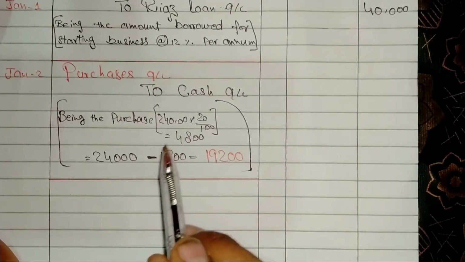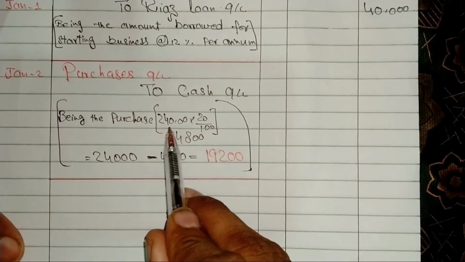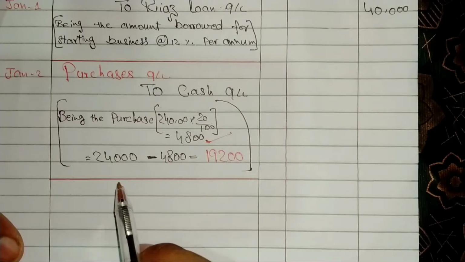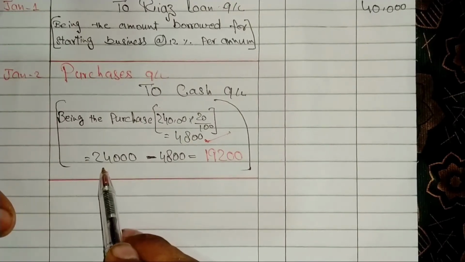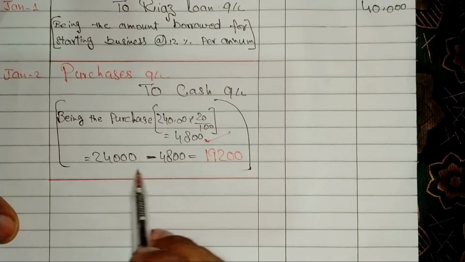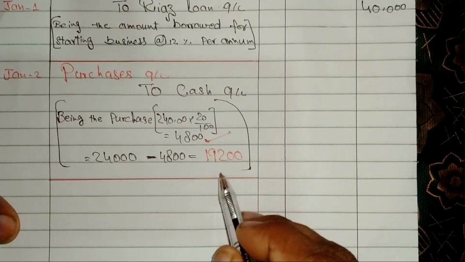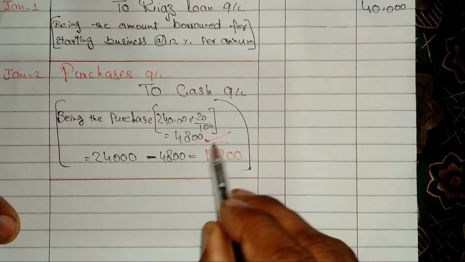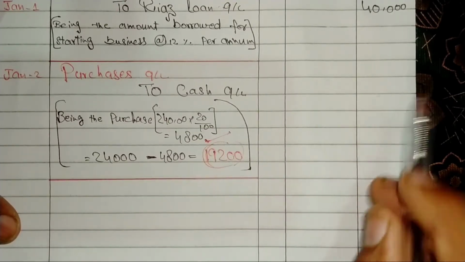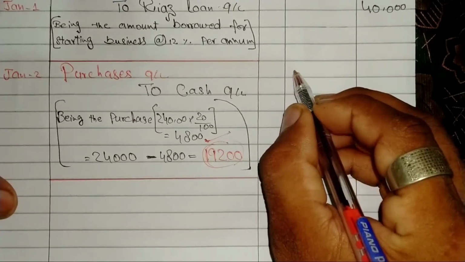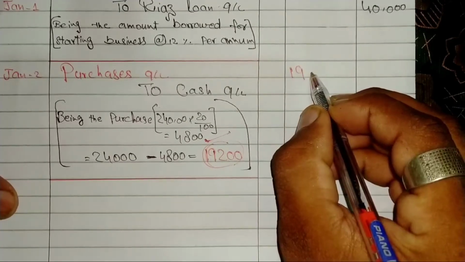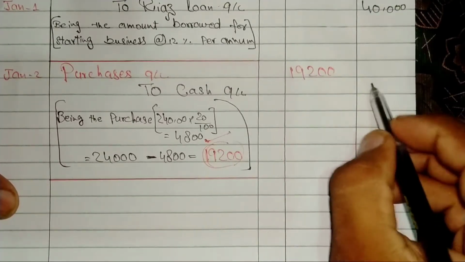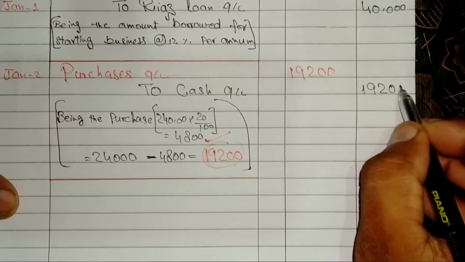So 20% discount of $24,000 is $4,800, right? We will reduce it from the invoiced amount, which is $24,000. After deduction of the trade discount, the actual amount is $19,200.